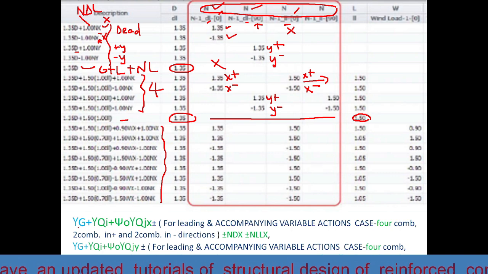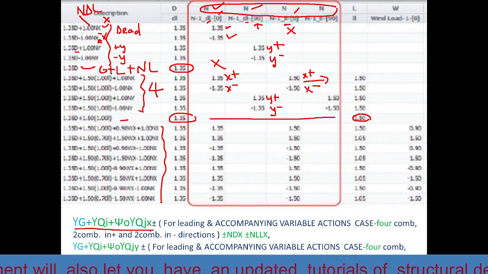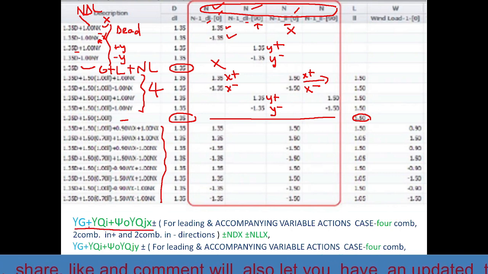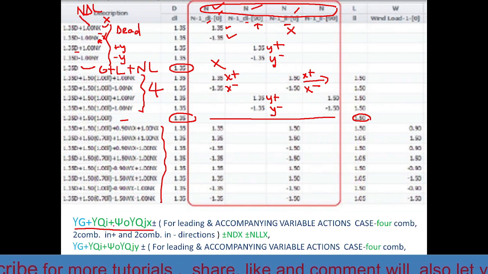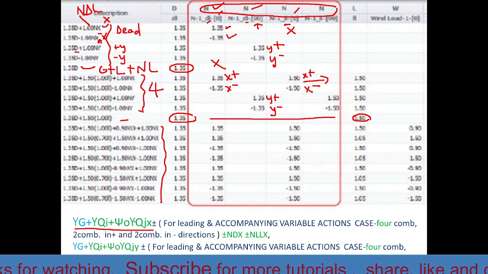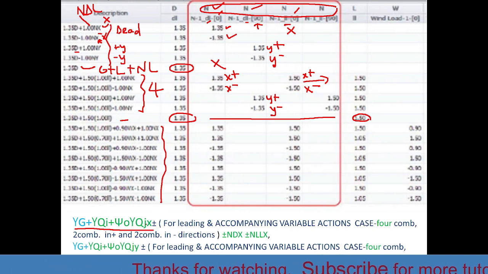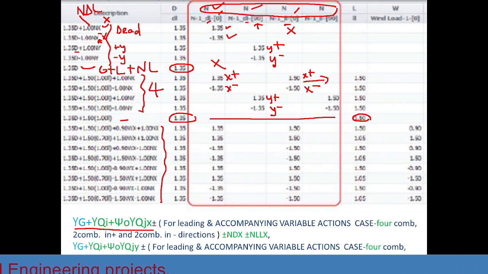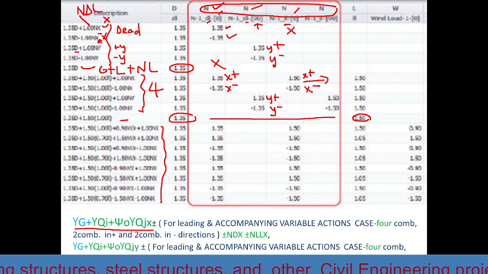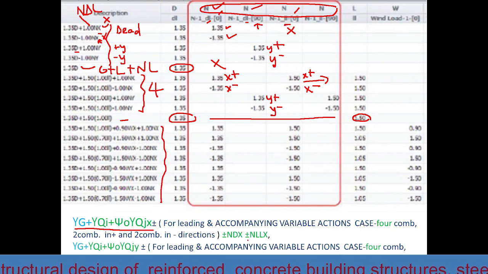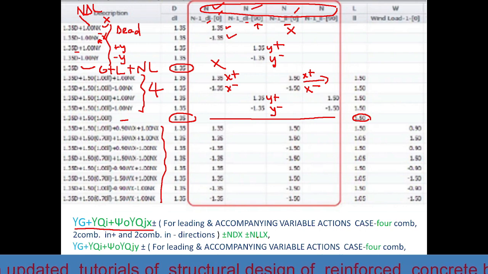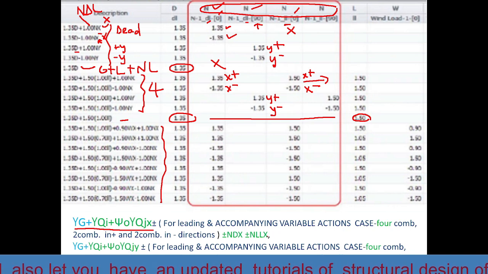That means we have this formula: gamma times G plus gamma times Qi plus phi 0 times gamma times Qj in x positive and x negative direction, plus or minus notional dead load in x direction plus or minus notional load of live load in x direction.